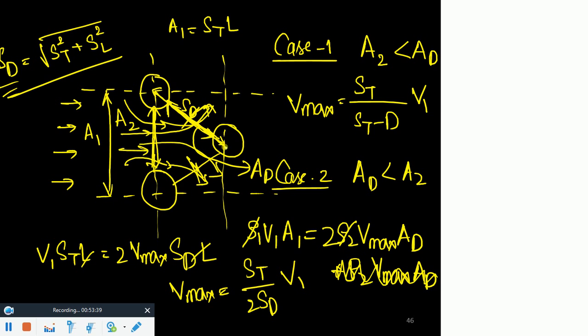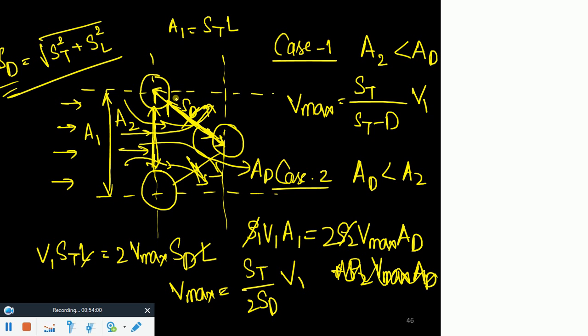Sorry, this is from center to center. Yes, this SD is from center to center. I am sorry for that confusion. SD is the diagonal length. And the same is for longitudinal pitch, which is from center to center.